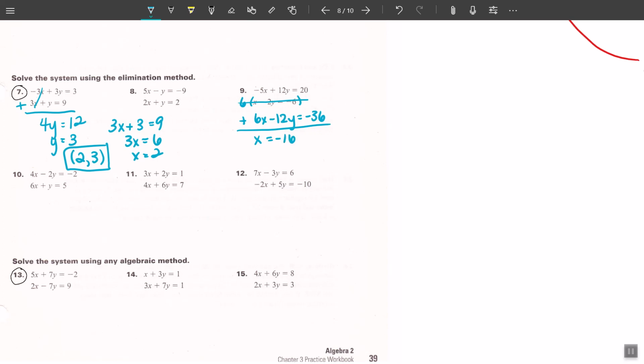Then I'm going to take that negative 16 and put it back into one of the equations. I'm going to use that bottom one even though it's hard to see now. And when I do all the algebra, I end up with a y of negative 5. So these two are going to cross, if we were to graph them, right here at this point.